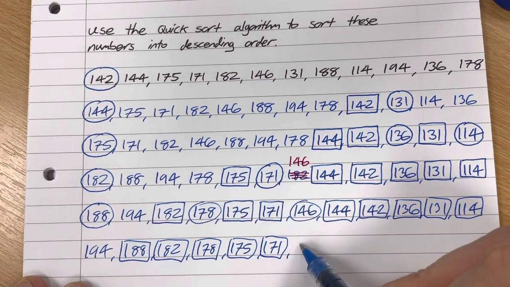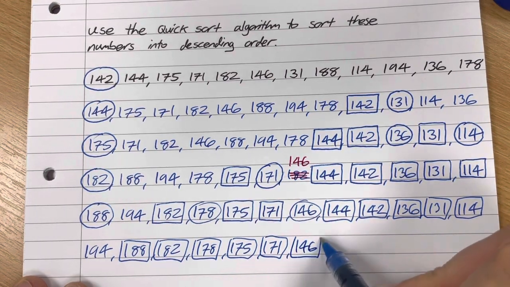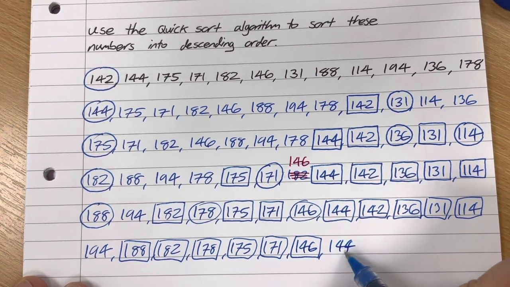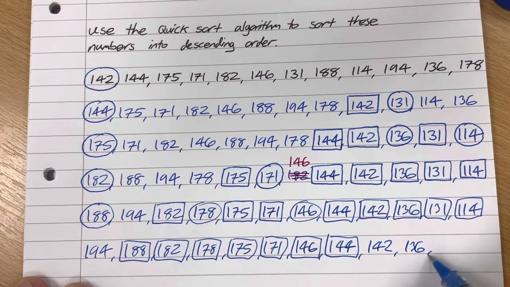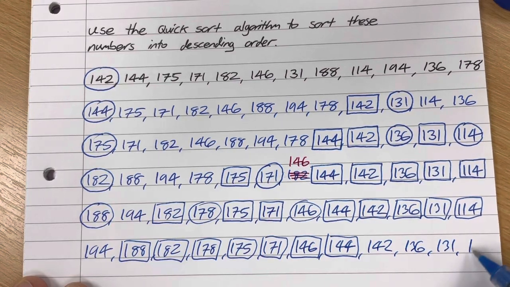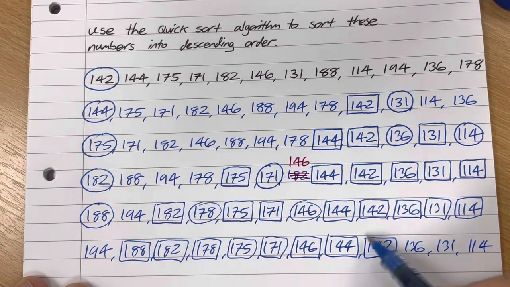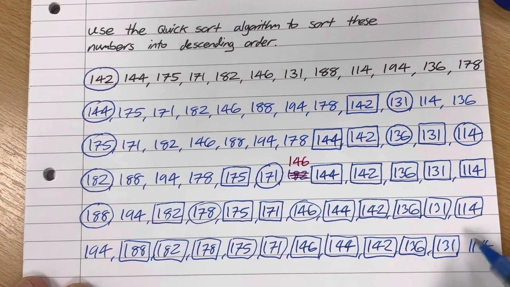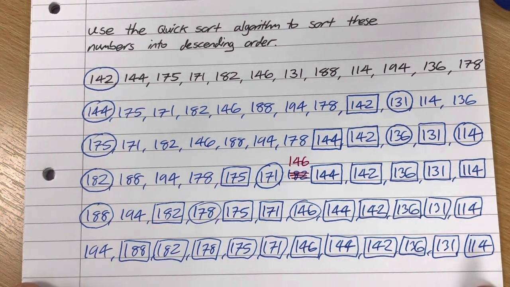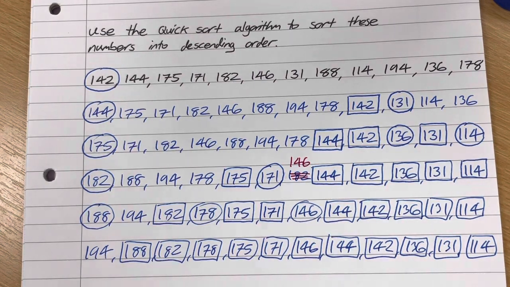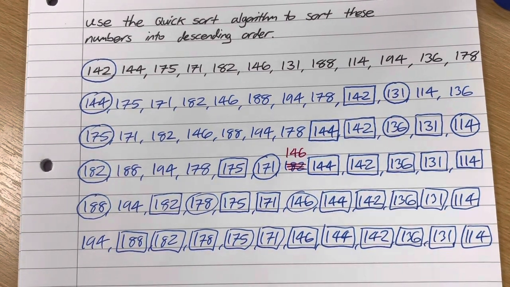That was a sublist of 1, so that's now just boxed. 144 is boxed. 142, 136, 131, and 114. They are all boxed. Everything is either boxed or a sublist of 1, so the algorithm stops. And that is now a sorted list.